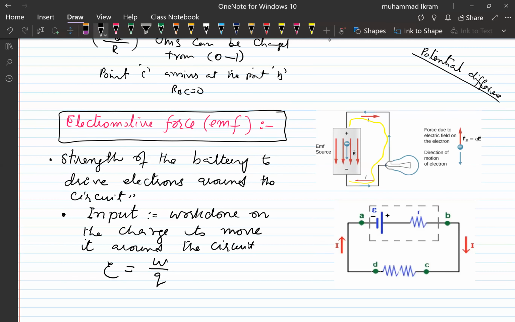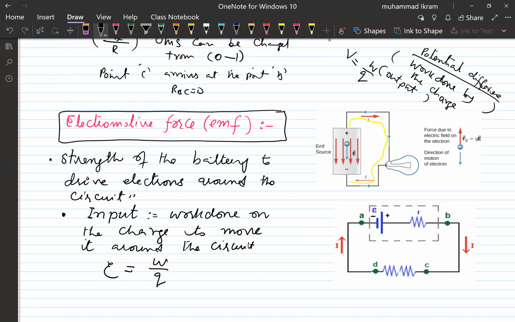What is the potential difference? Potential difference is the amount of energy released as the charge moves around the circuit. So potential difference is the work done by the charge. So that is our output in fact, right? And it is the same formula, work done by the charge as they move around the circuit.